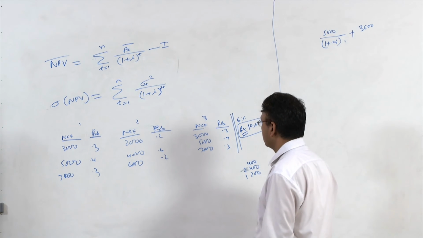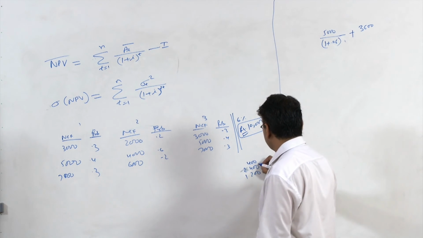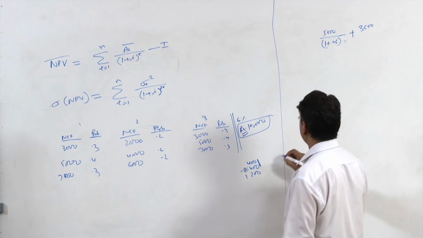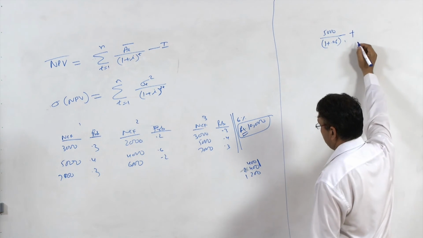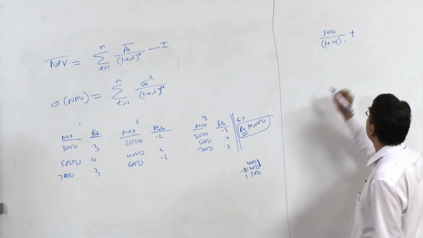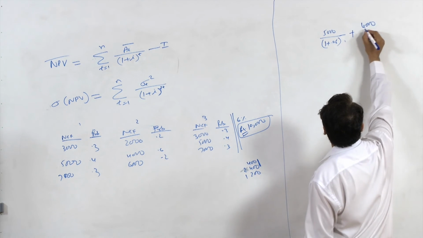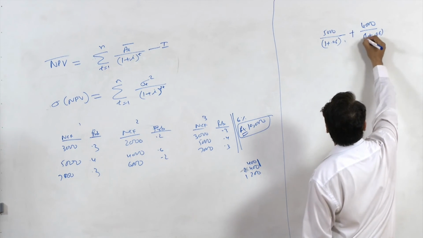So, the summation of this is 4000, divided by 1.06 square, right.